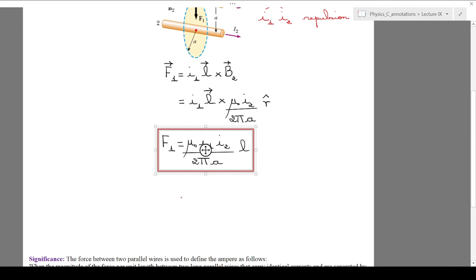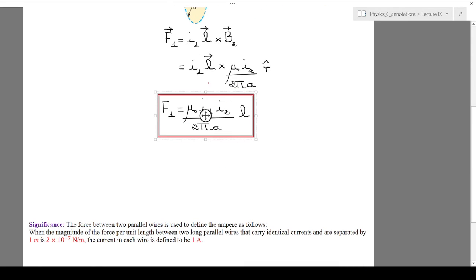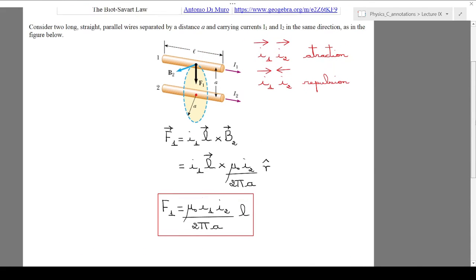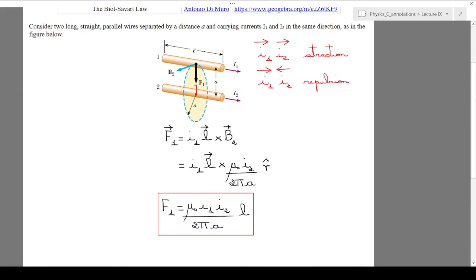But it's also very common to rewrite this equation in terms of the force per length. We learned this in high school, but what is most common for us is to represent this force between the wires. Of course, if you write the force F2, it would have exactly the same mathematical form as this one.